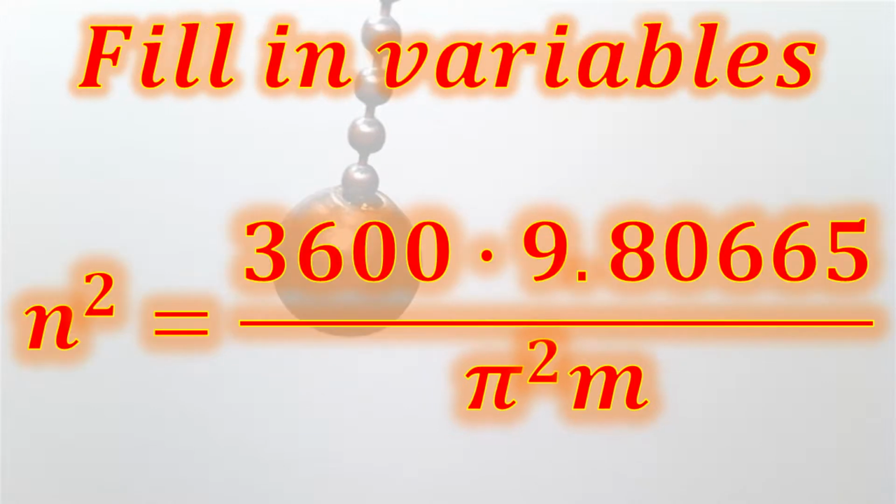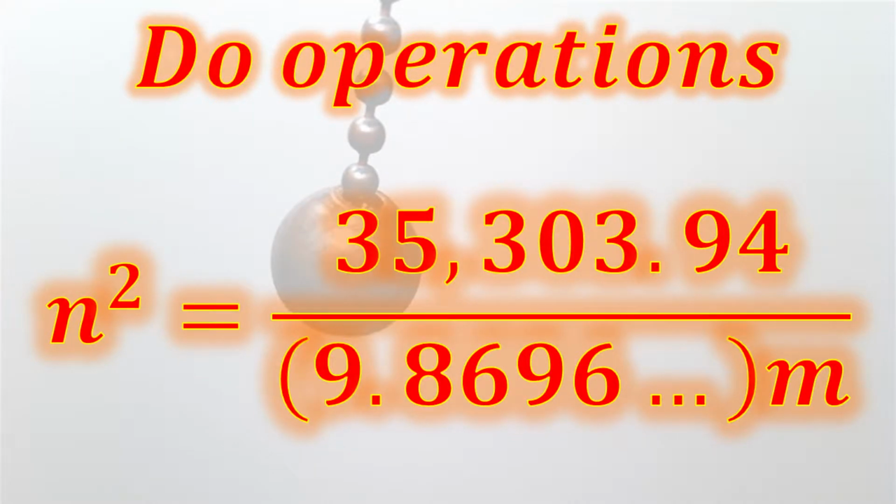Okay, so I'm going to fill in some variables here. I'm going to go ahead and fill in gravity. And since I don't need to deal with m, we're just going to multiply that 3600 times the gravitational acceleration. And we come up with 35,303.94. And I'm going to put that all over pi squared, which is 9.8696 forever.